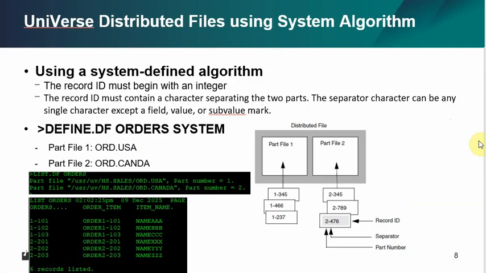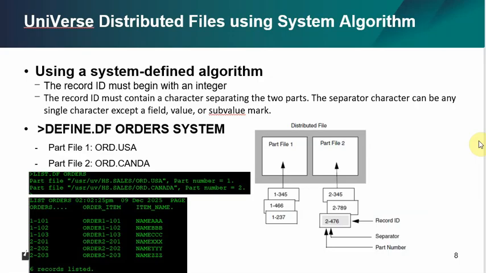Here on the right side is just an example with part file 1 and part file 2. The integer will be 1, that's the part file 1 algorithm. And for part file 2, you will see it starts with 2, using the minus sign to separate the key ID. So that will be the structure.